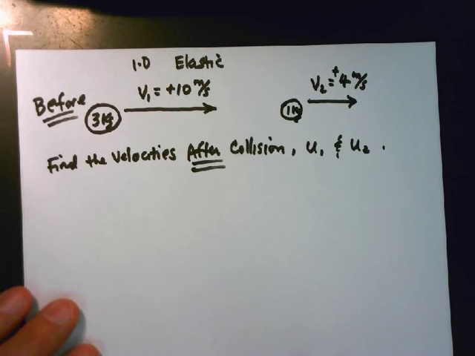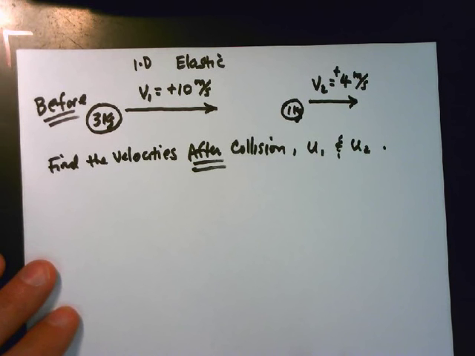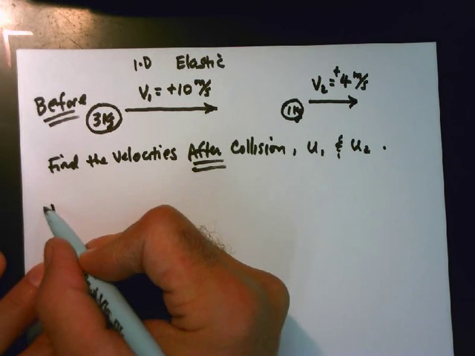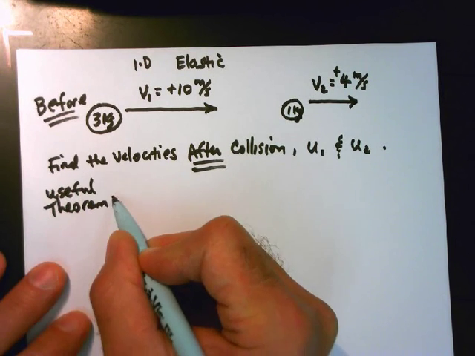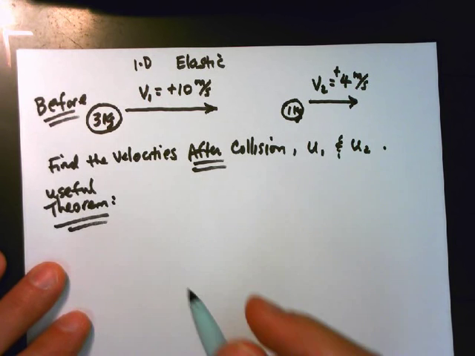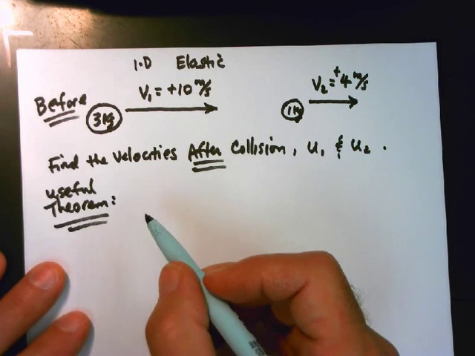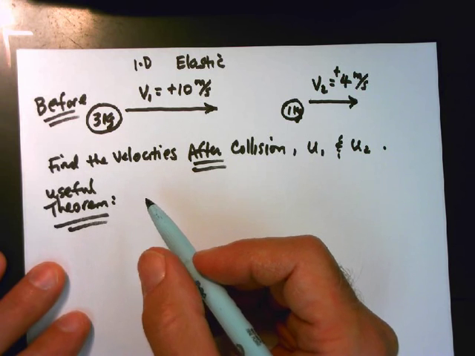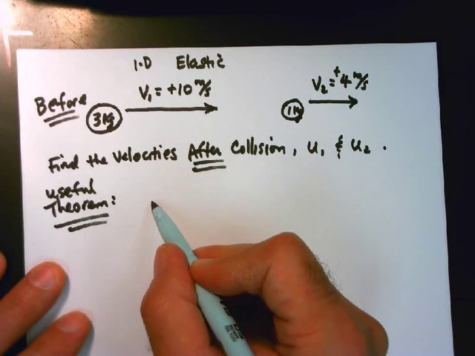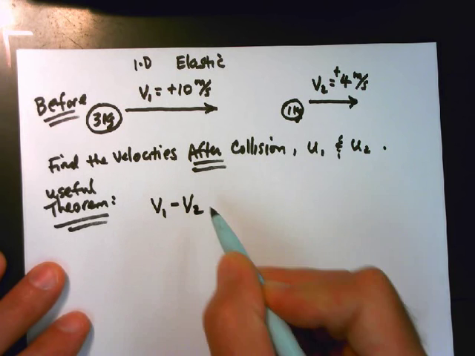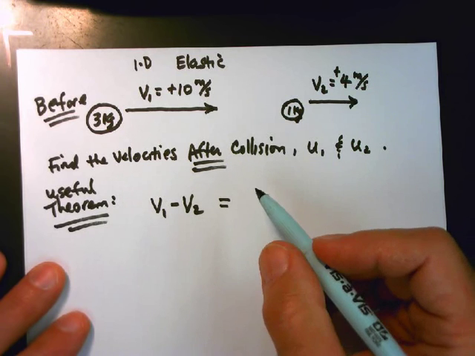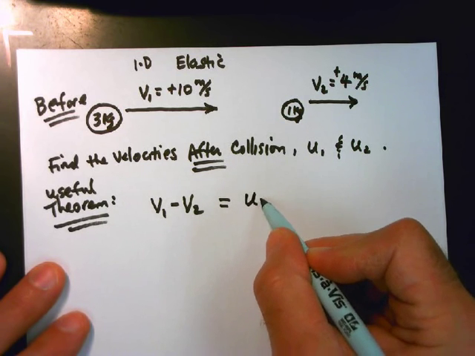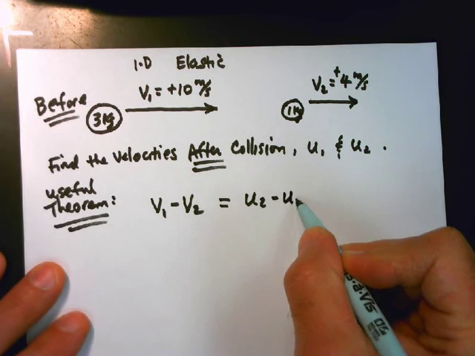Well, let's use our handy-dandy relative velocity elastic collision theorem. Our useful theorem says that the relative velocities of the masses before they collide, so that'd be v1 minus v2, are equal to the relative velocities of the masses after they collide, and that would be u2 minus u1.